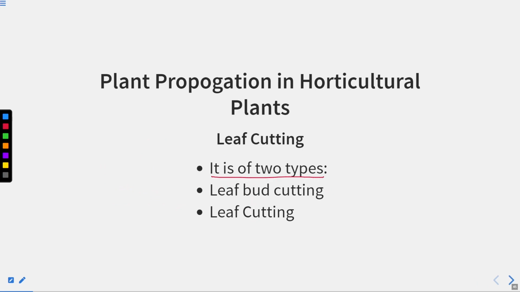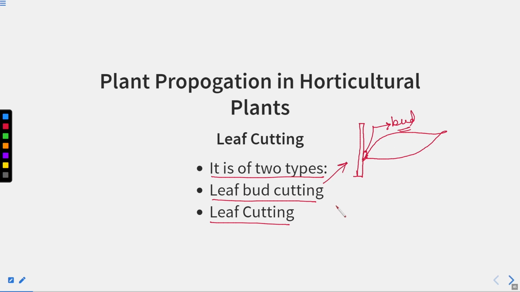It is of two types, basically leaf bud cutting and leaf cutting. This is the leaf part, this is one of the leaves, and here is a bud. This is called the bud, which is used in leaf bud cutting.